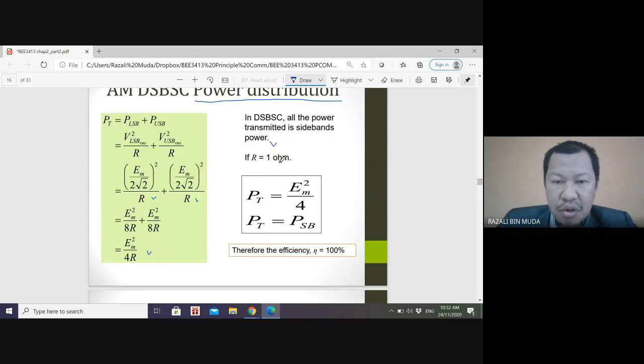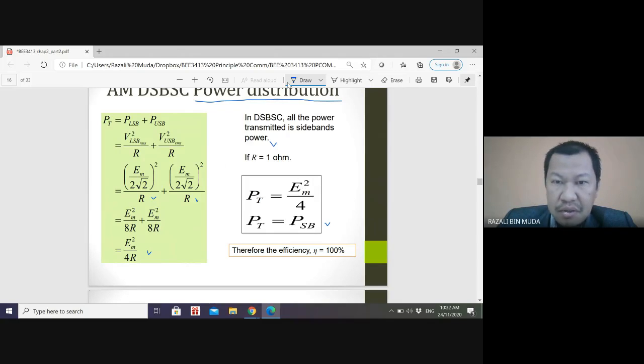If R equals 1 ohm, then solving this equation, PT equals E squared over 4, equals PSP. You still remember this number?